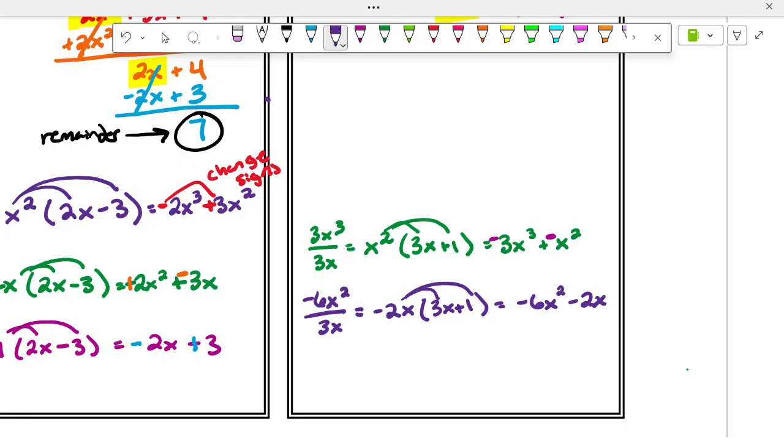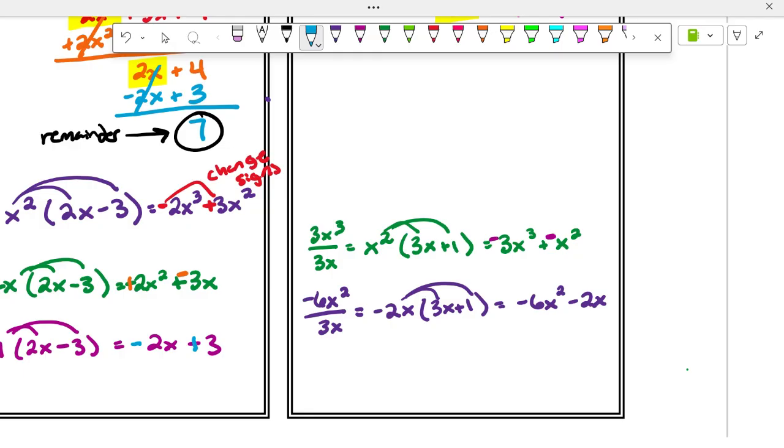So, Aiden, what do I need to do first before I subtract? So we already distributed. Okay, so look what I did above at the previous one.